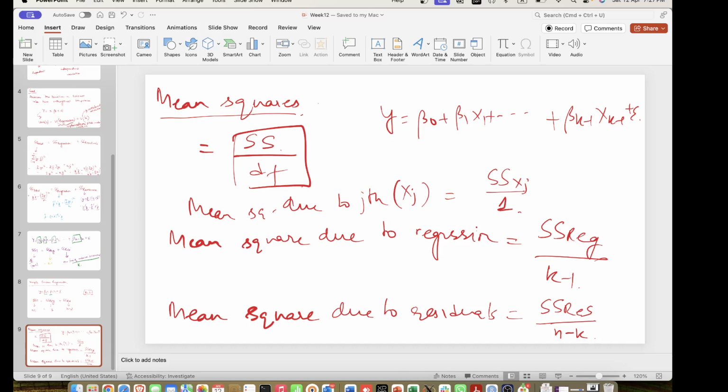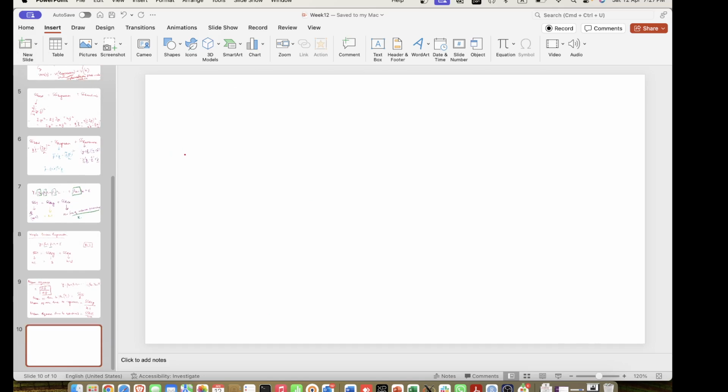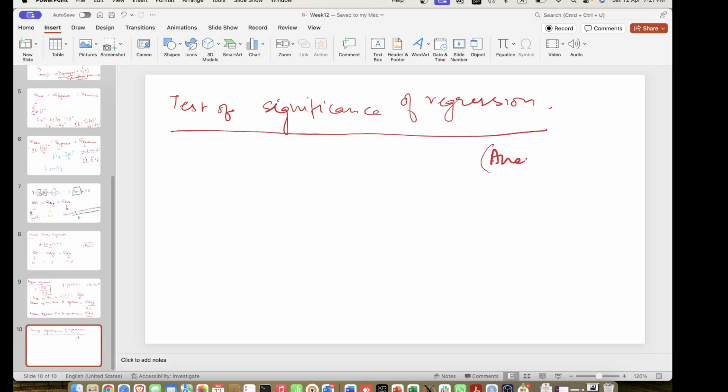So now that we have defined mean squares, let us find out how to actually conduct the test of significance of the regression, or in other words, this is also called analysis of variance.